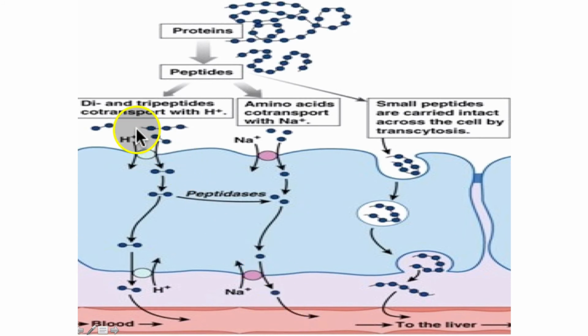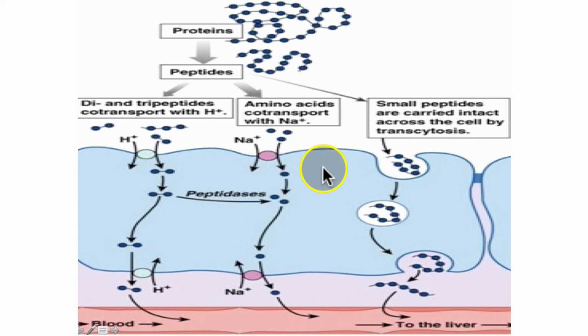The di and tripeptides move in via a hydrogen cotransporter using the kinetic energy of hydrogen to move into the cell. It can also use a hydrogen cotransporter to move out of the basal surface of the cell, or sometimes these dipeptides or tripeptides are further broken down by enzymes into their constituent amino acids.